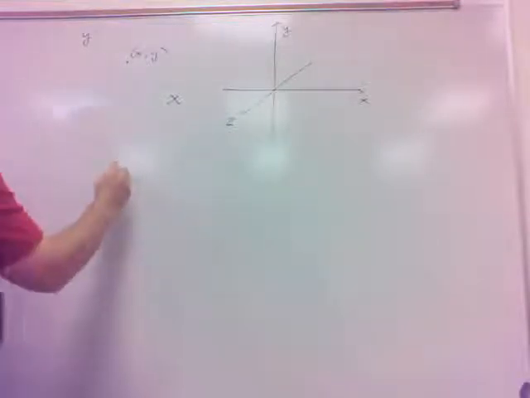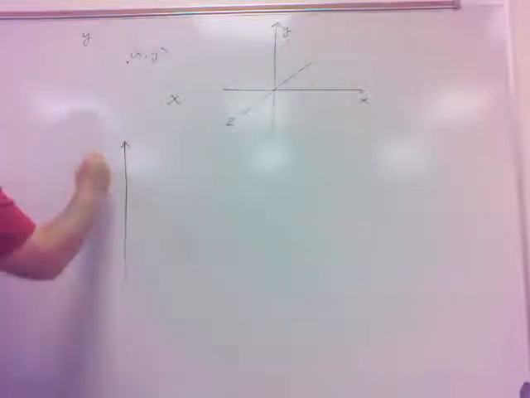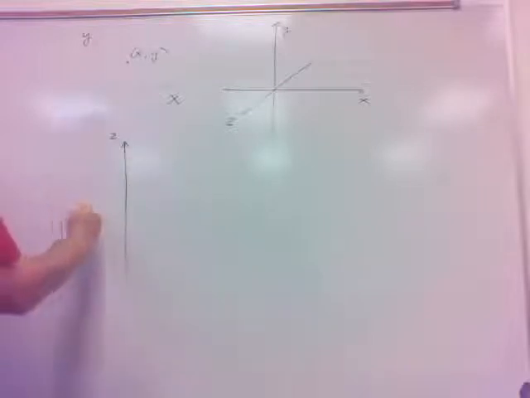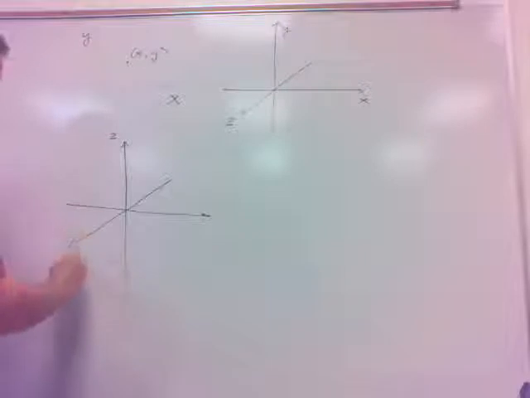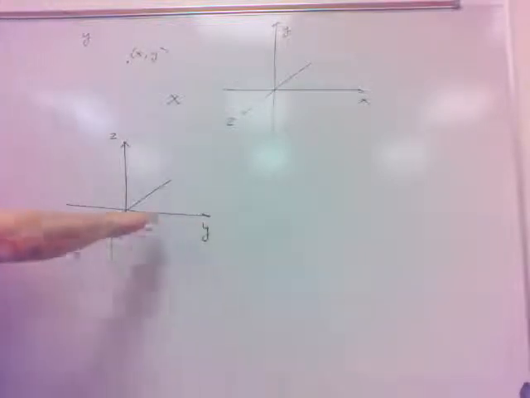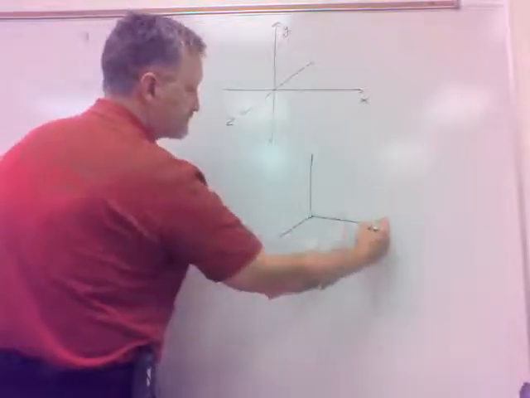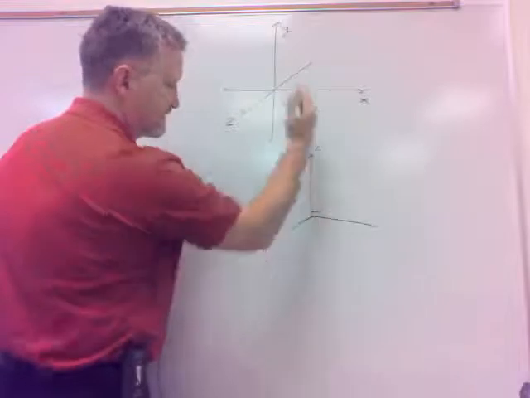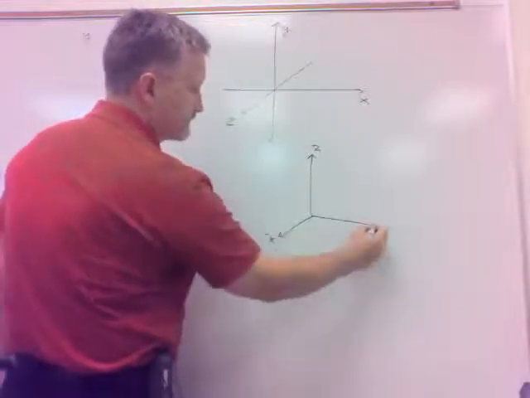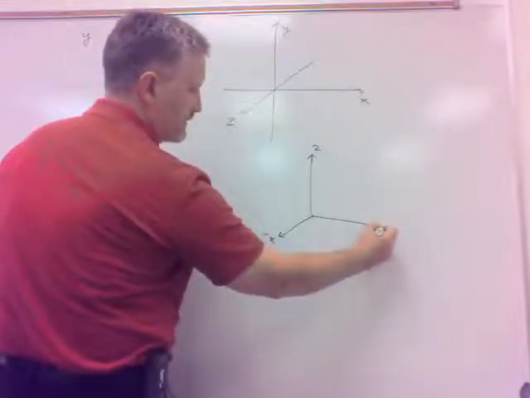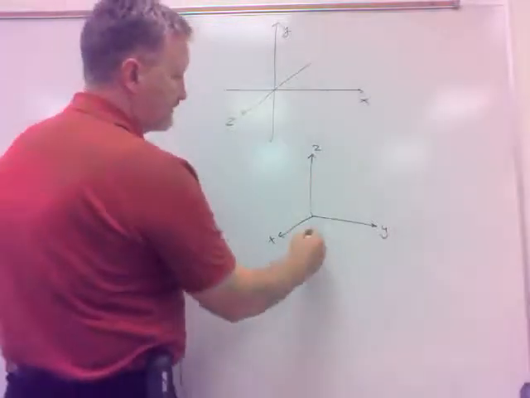The way they'll typically, I don't know about other books, but this book prefers, they'll call this the z-axis, and then the x and the y-axis will be the flat surface, kind of like the floor. If you think about the corner of a room, that's your z-axis going up, and then the x-axis and the y-axis, this is your floor.